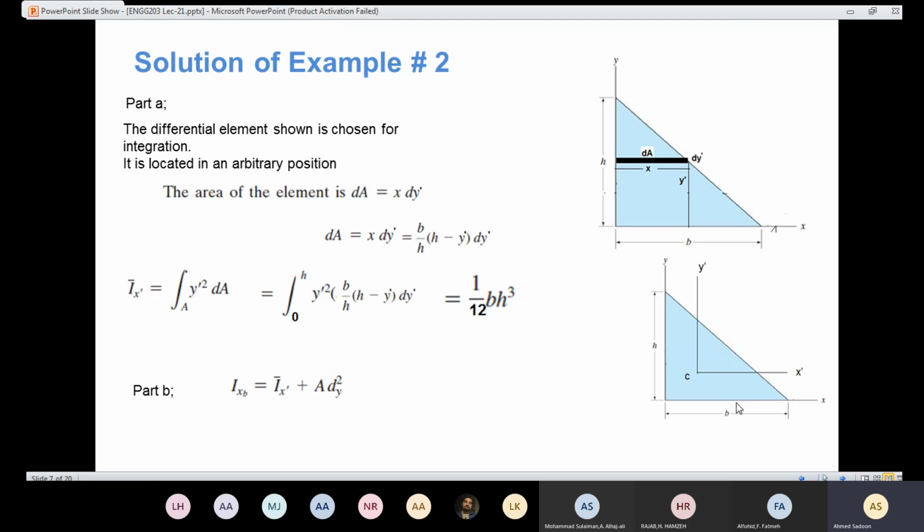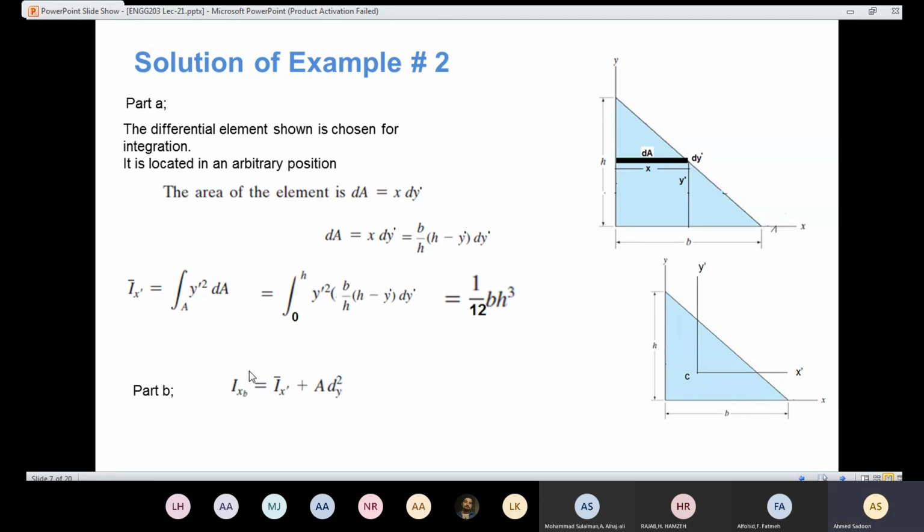And in that problem, the difference is going to be h over 3, because we know the location of the center of gravity. According to the center of gravity, the difference here is going to be h over 3.